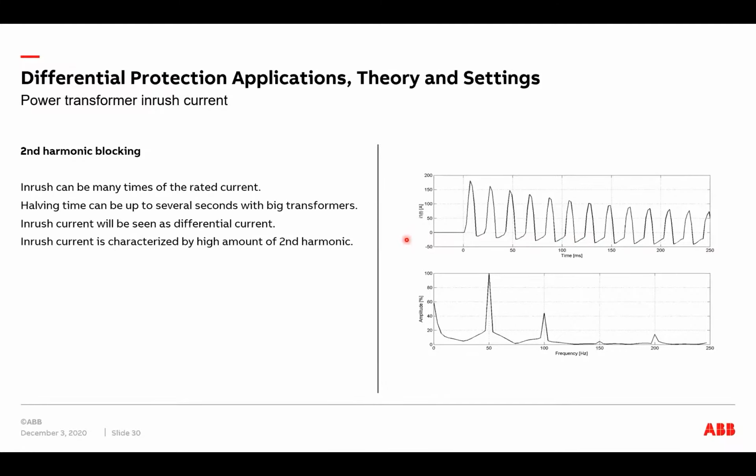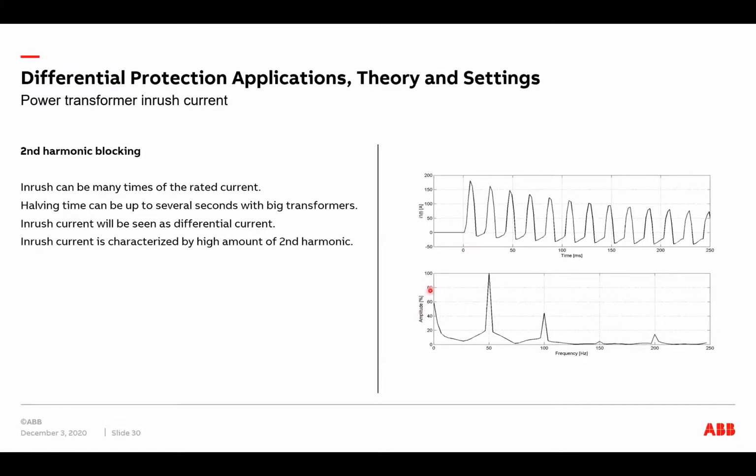Now, since it's seen as a differential current, we need to somehow block the differential protection when we are energizing the power transformer. And this can be done by using the second harmonic in the inrush current.